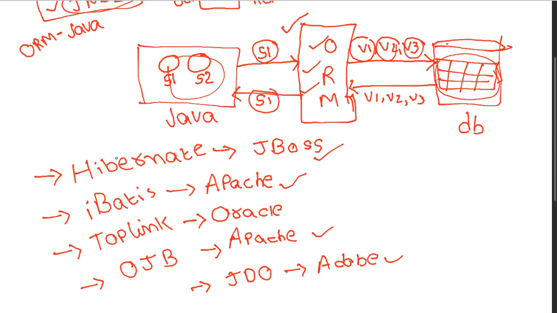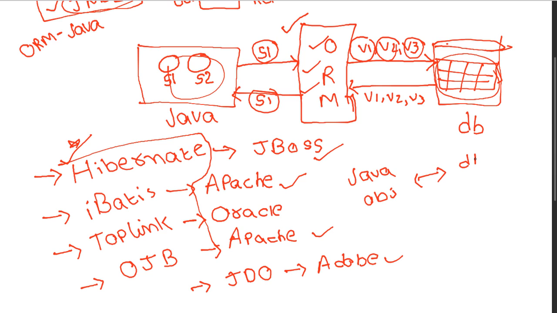But the most famous ORM tool is Hibernate. What will all these ORM tools do? They will do the conversion, reducing the JDBC or Java code needed for converting. Each ORM tool maps a Java object with a database table.